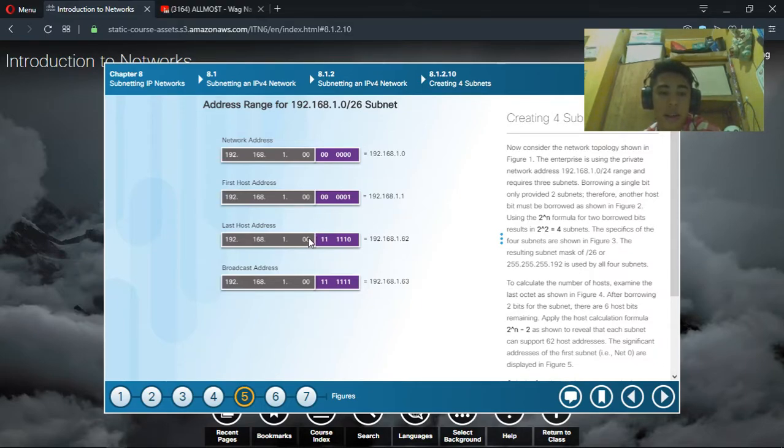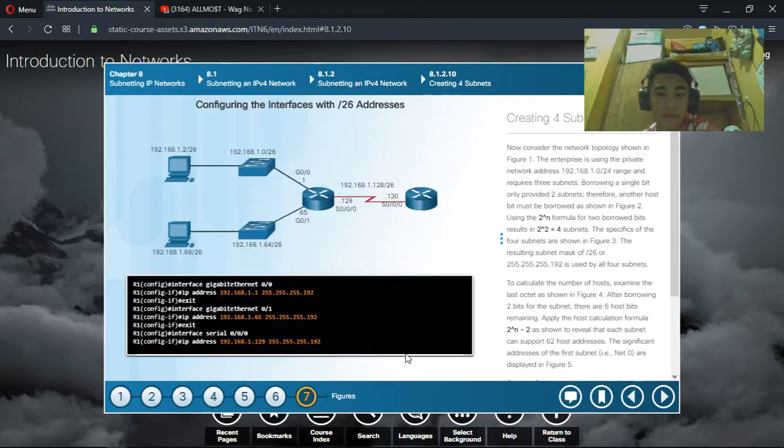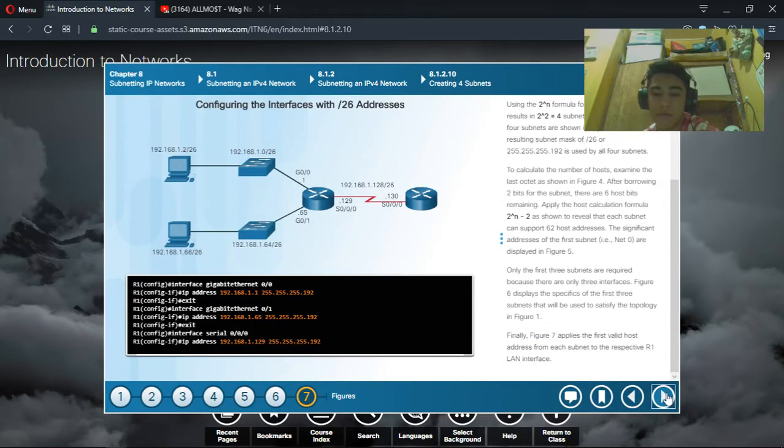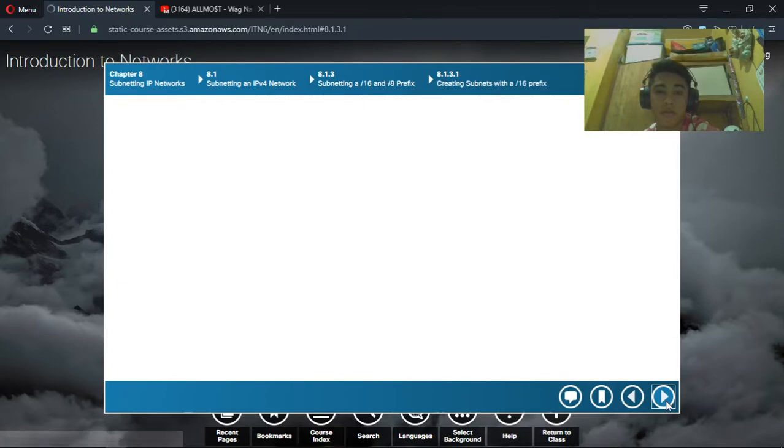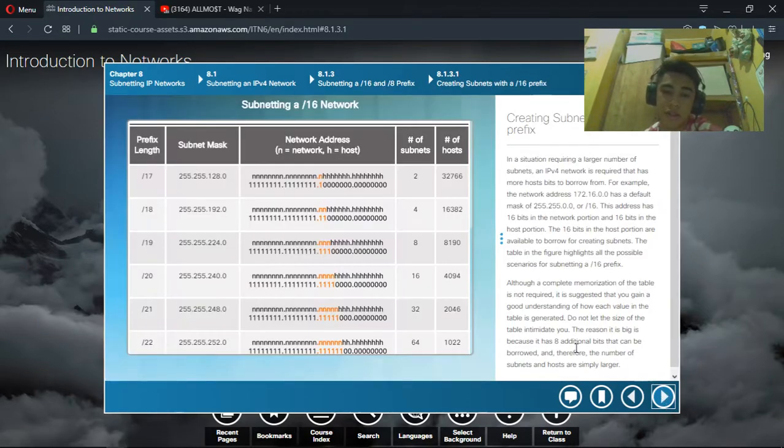Then the last host address would be 0.0.111110, so 192.168.1.62. Then the broadcast address is dot 63. Then, creating a subnet mask, it's like the other, but we borrow bits from here, not here.